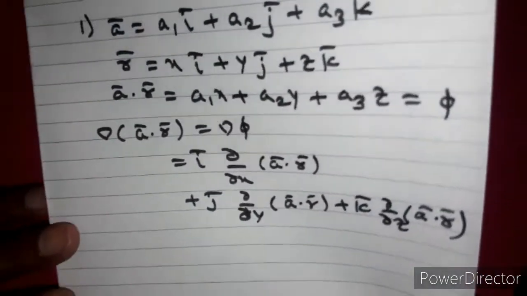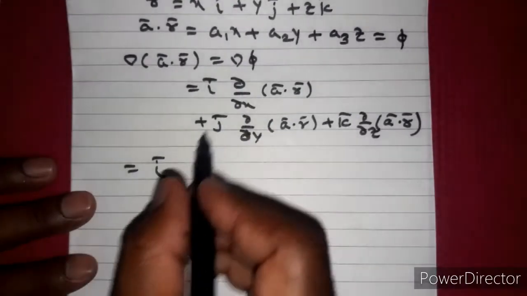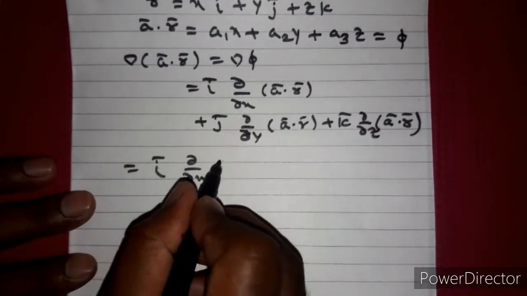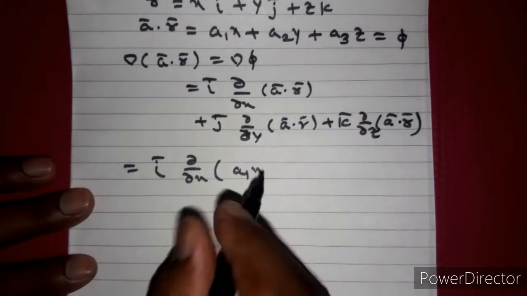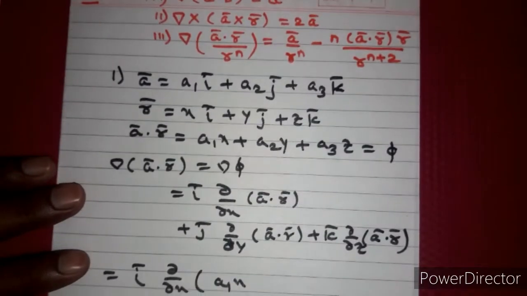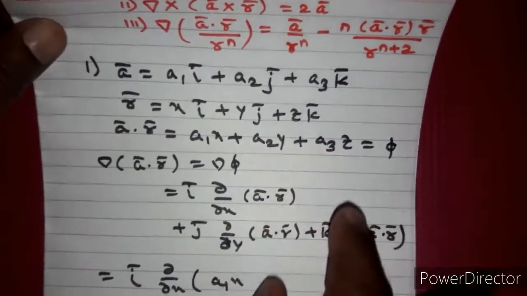So this is equal to i bar dou by dou x of a bar dot r bar, which we have solved, a1x plus a2y plus a3z.